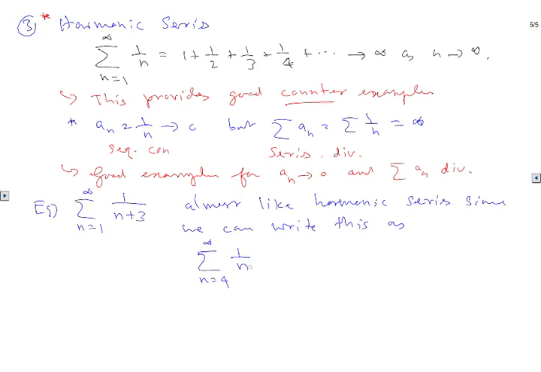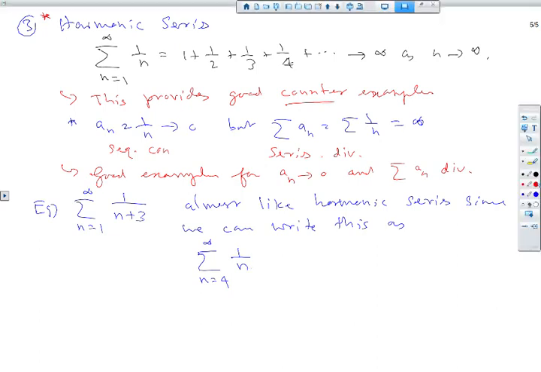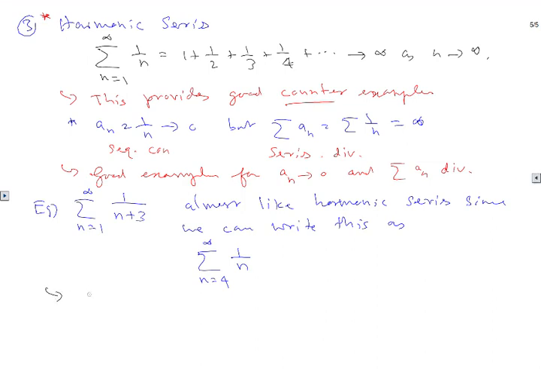And then how do we prove that this series diverges? If you really want to show that it diverges, we can use the same argument, or we can use one of the important tests we'll see later. We're going to consider this problem again in the limit comparison test, because this is the easiest way to show it.